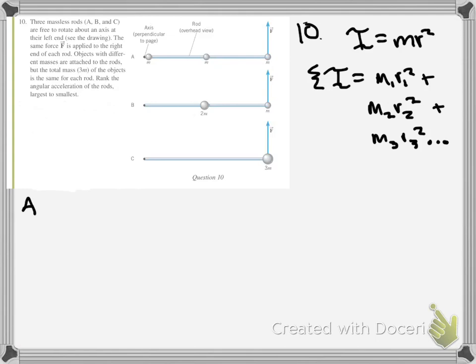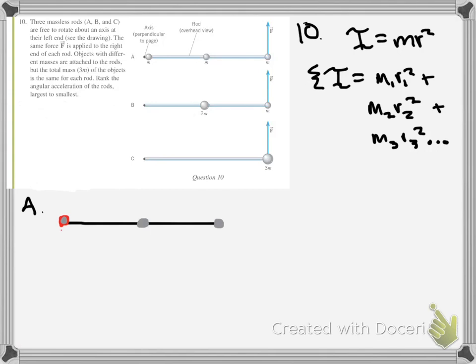So let's draw A. There's a little line. That red point is the axis perpendicular to the page, or the axis of rotation. That little silver spot is this M. That silver spot is another M, and this spot is the third M.